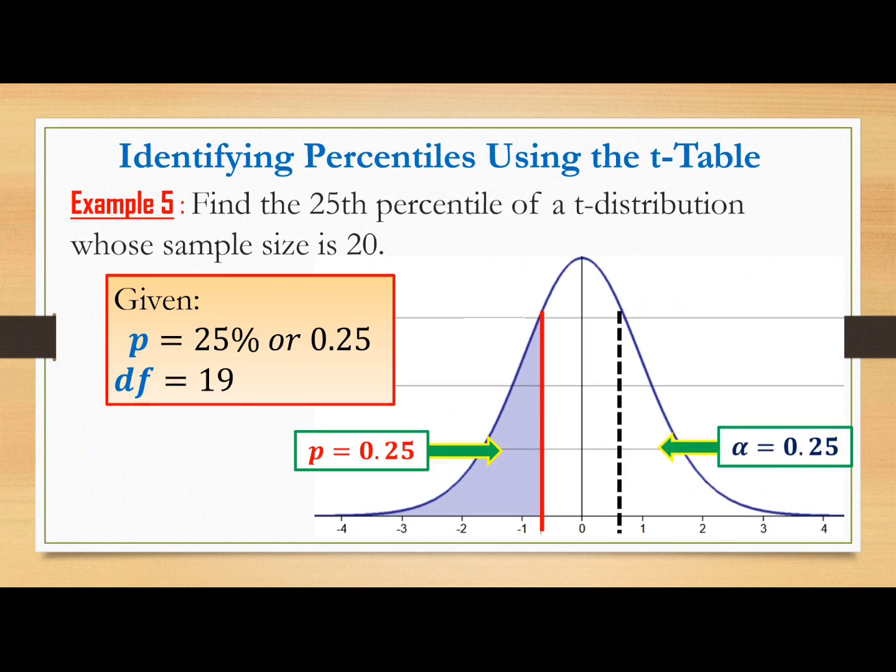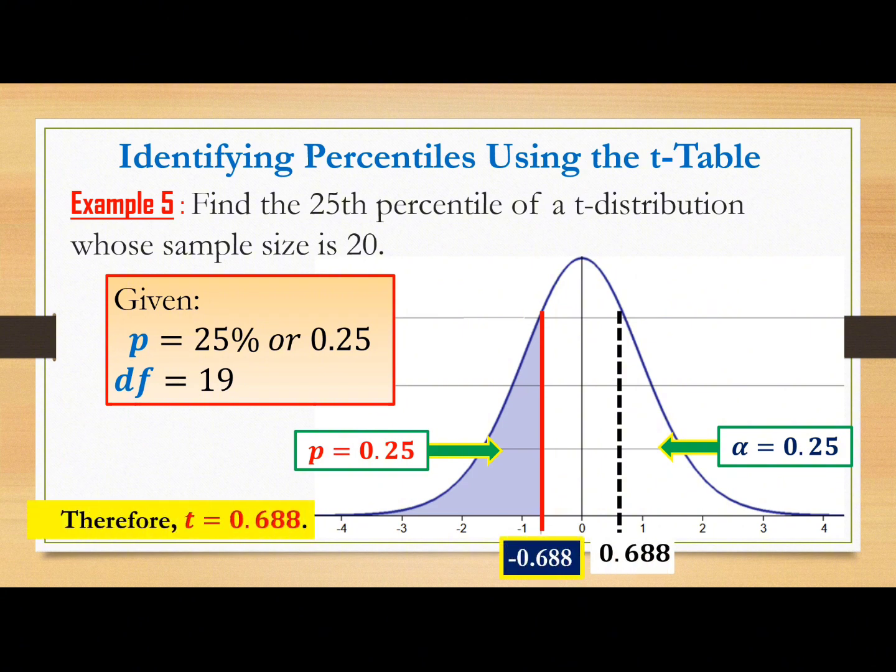So, we will use the t-value of our alpha to get the t-value of our 0.25 percentile. We just change the sign to negative. Therefore, t is equal to 0.688 or negative 0.688.